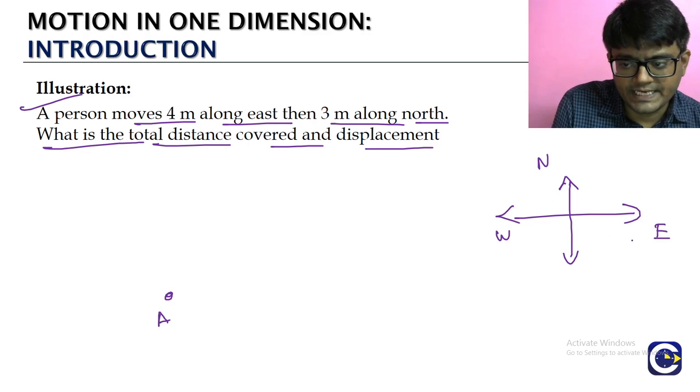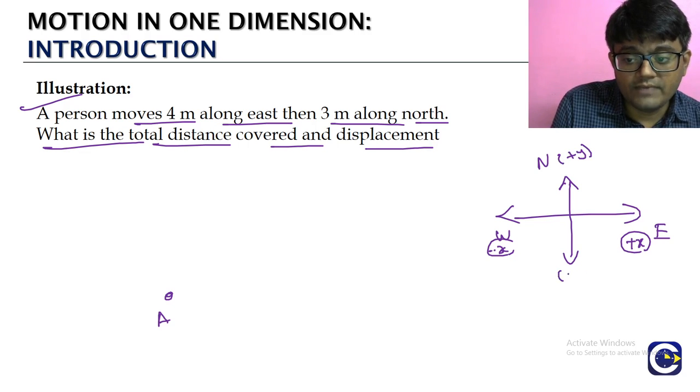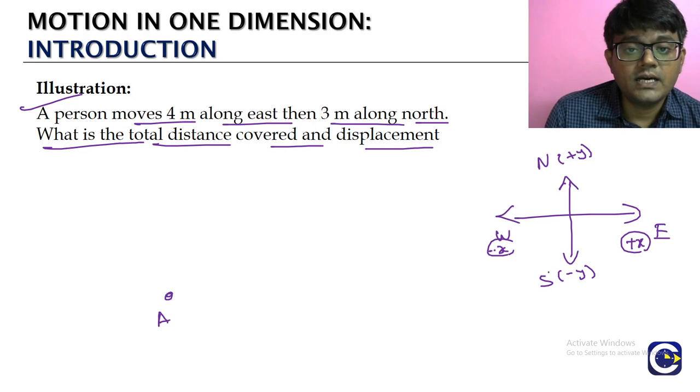Positive x we can take as the east, in that case negative x will be the west. Then positive y will be the north, and negative y will be the south. So this is how we will generally take the representation of the directions as a convention.